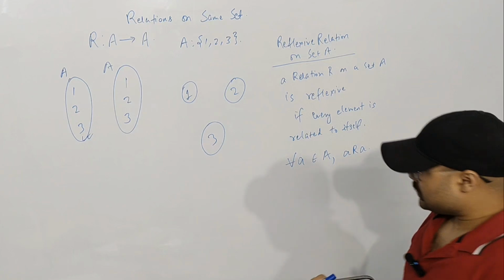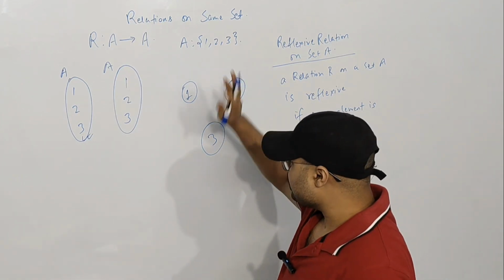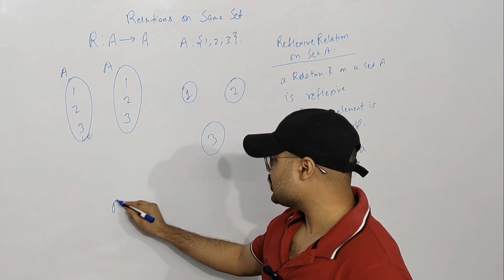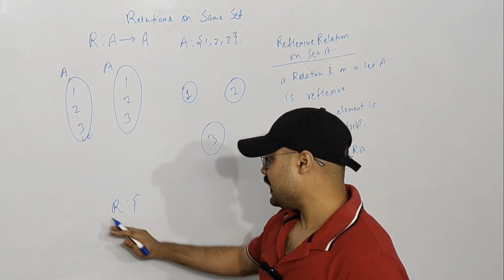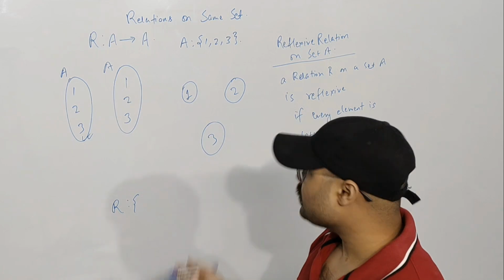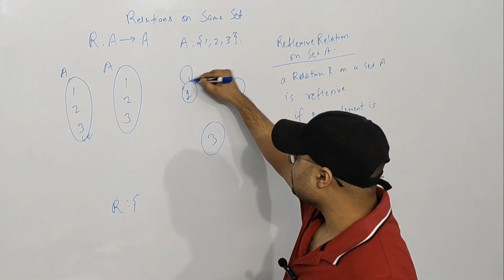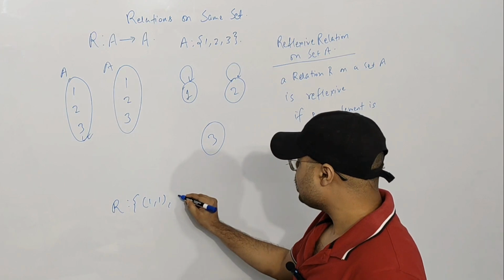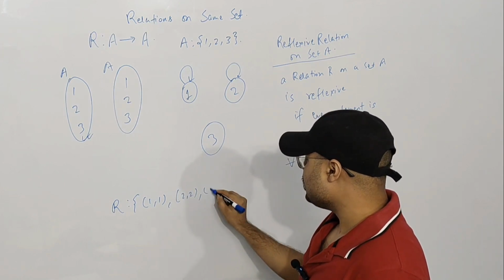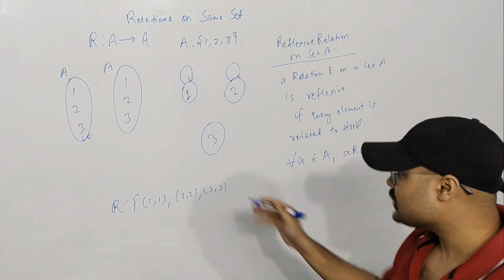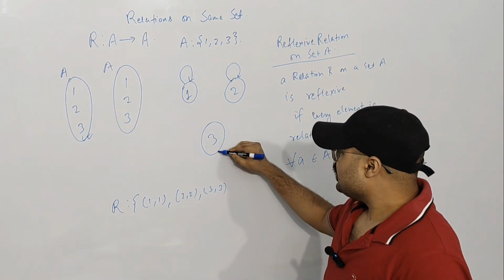So consider the minimum number of elements in a reflexive relation. If I have to write a relation and it is known that this relation R is reflexive, then I know for sure that 1 comma 1, 2 comma 2, 3 comma 3 have to be in that relation.